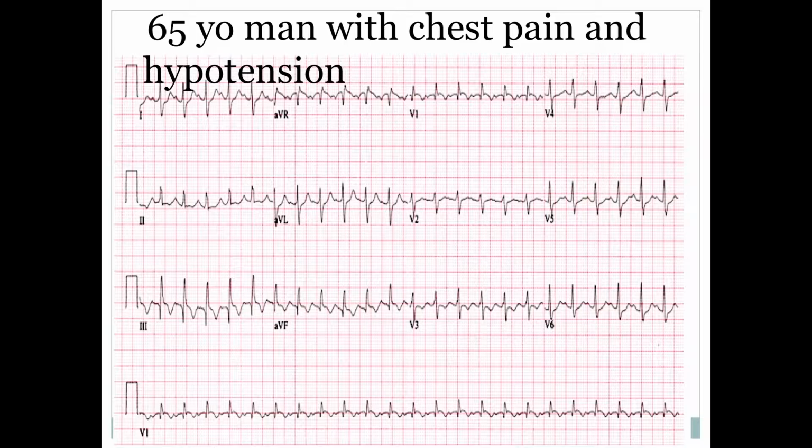So this would be a pulmonary embolism, and sinus tachycardia is the rhythm here. Here you can see those S waves right here, and then that Q wave right there in lead 3, and then the inverted T wave.